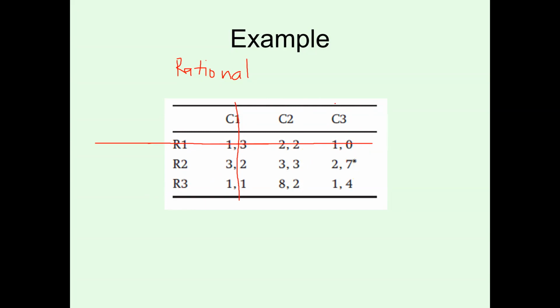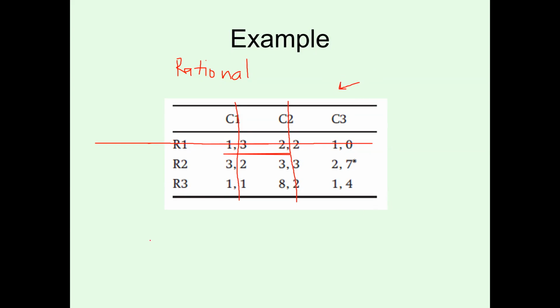So therefore, what would I do? C3, in fact, dominates C2 in this case, right? So I would cancel this, because C3 always dominates C2. Meaning, the column player will select C3.